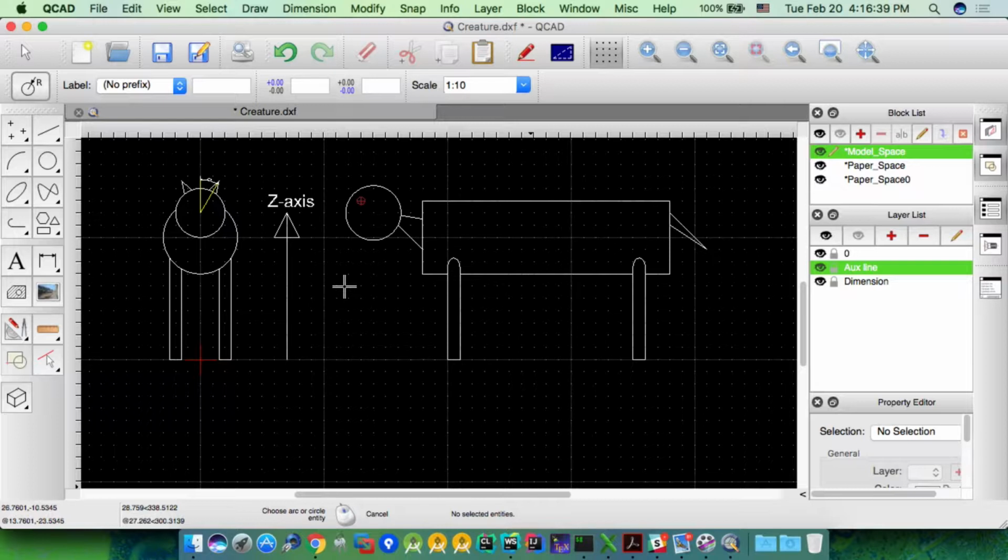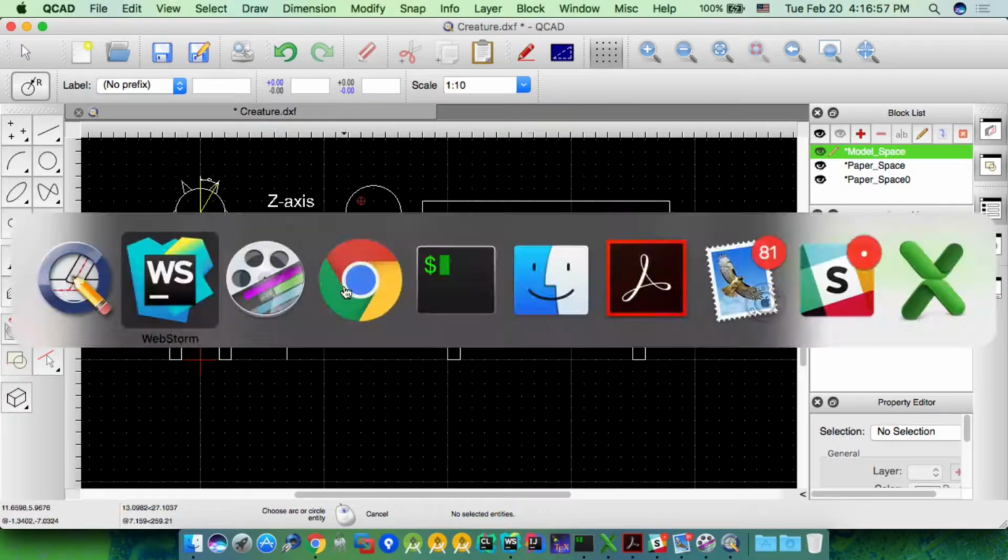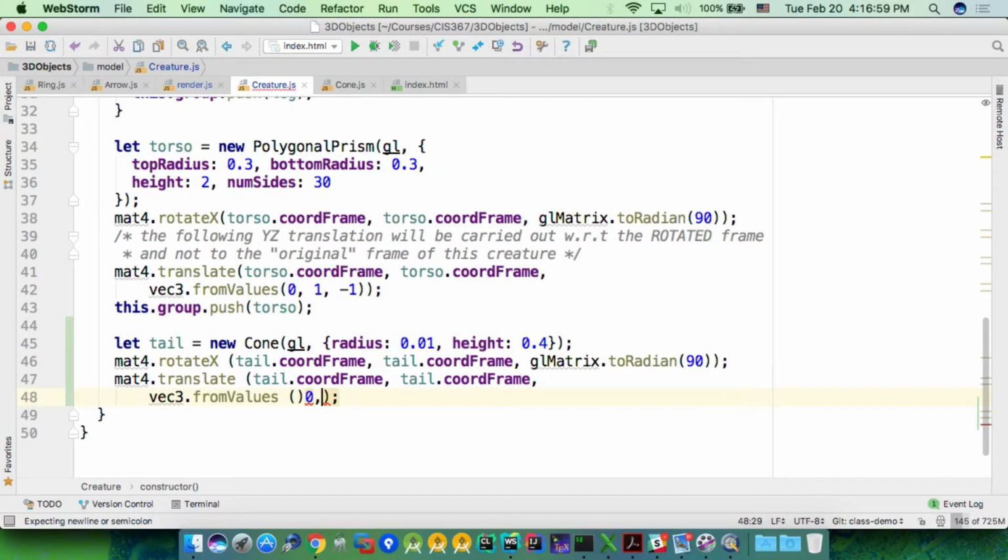So after we rotate, we want to translate by a positive y value and positive z value to bring that here. So x is 0, some positive y value. The y value, I think, is 1. Yeah, and then maybe the z value is also 1. Okay, let's see this.